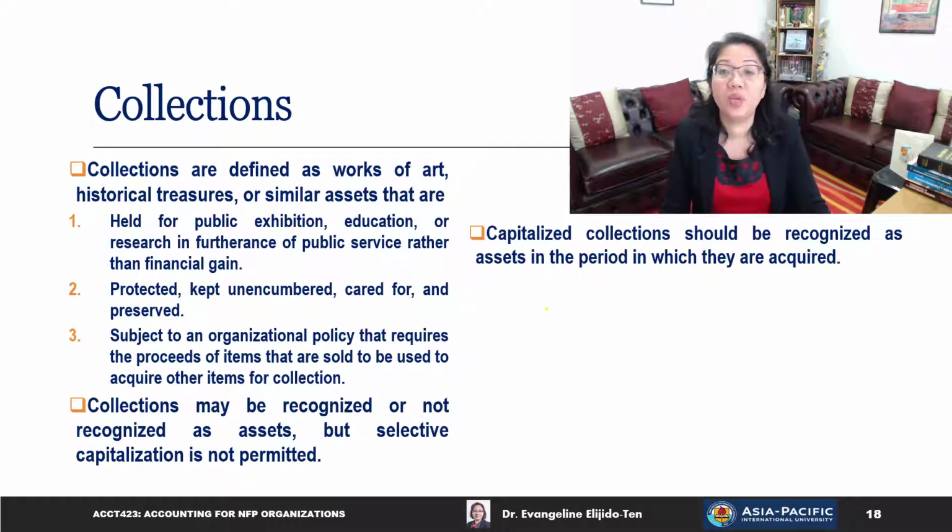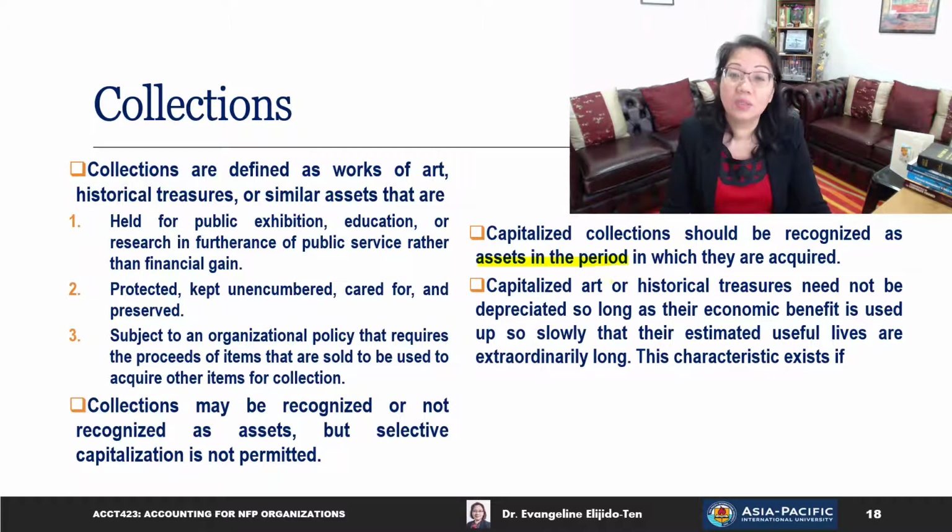Capitalized collections should be recognized as assets in the period in which they are acquired. Capitalized art or historical treasures need not be depreciated as long as their economic benefit is used up so slowly that their estimated useful lives are extraordinarily long. When do you know that these have extraordinarily long estimated useful lives?